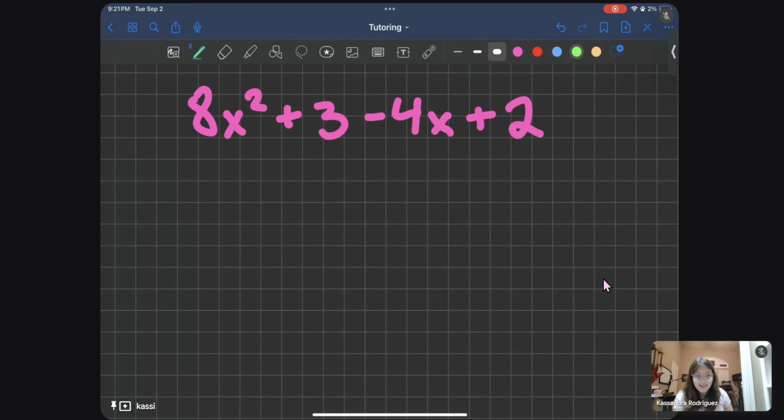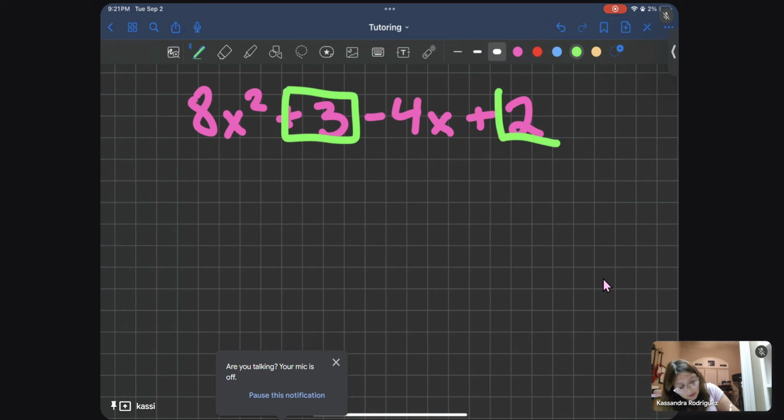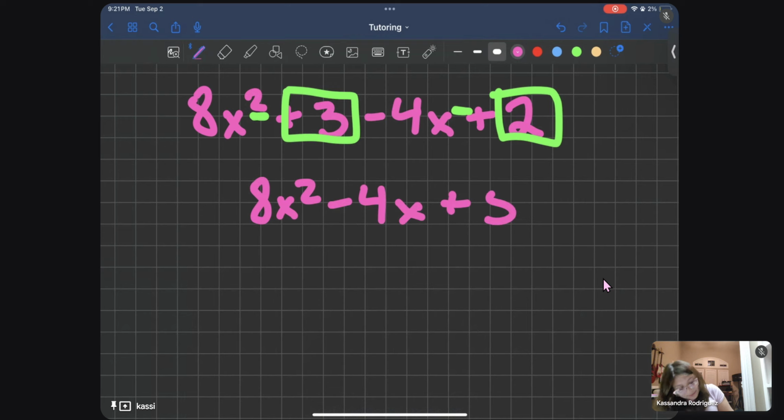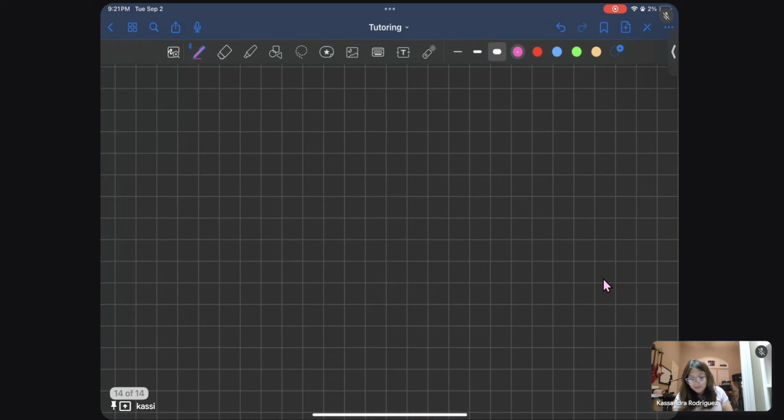Okay, so I'm going to get started with you guys in case you've hit a hitch on it. We know that plus 3 and plus 2 are similar. Do we notice anything else that's similar? I don't think so. Since this one has a square and this one doesn't, they would not be considered like terms. So our final answer should be 8x squared minus 4x plus 5. If you got that one, good job.